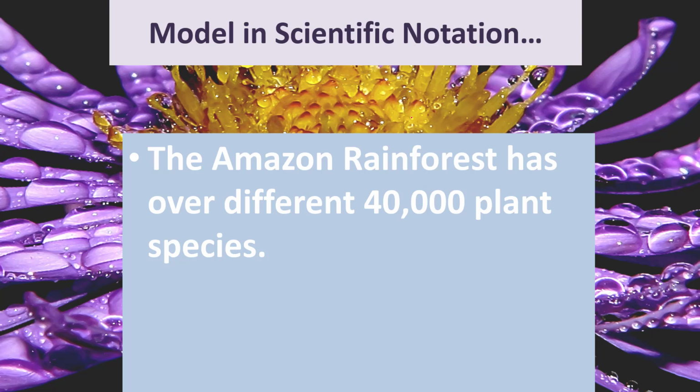All right, let's try another one. The Amazon rainforest has over 40,000 different plant species. So again, we want a value that is greater than or equal to 1, but less than 10.